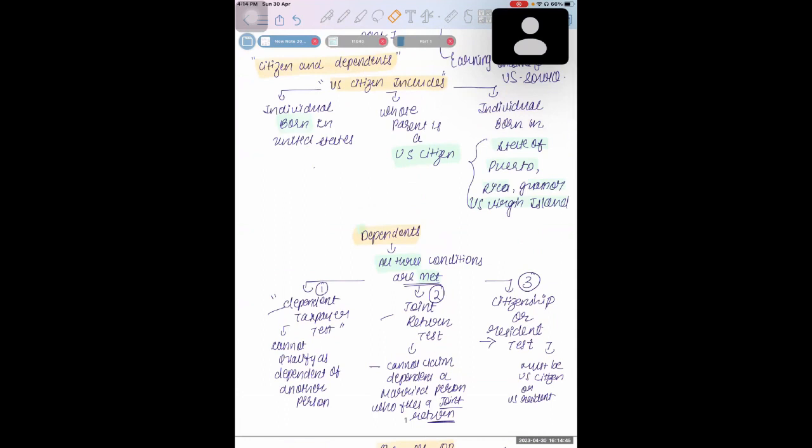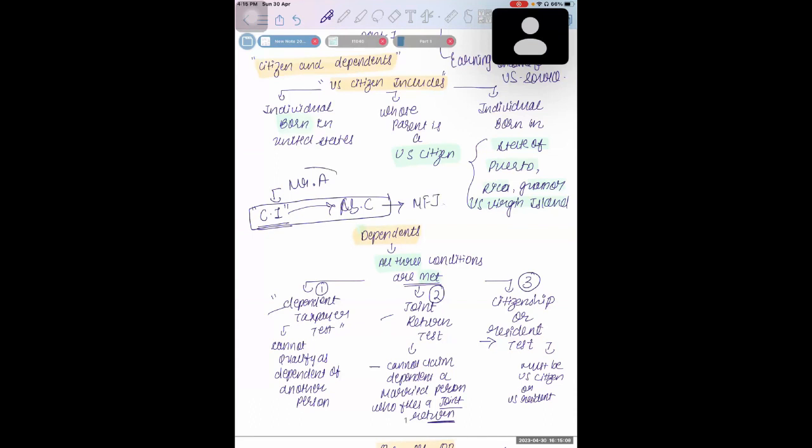Let's say I'll take one example so it will be clear. Mr. A wants to claim his child on his tax return. But this child is already married to, let's say, Mrs. C. And they both are together filing an MFJ return.